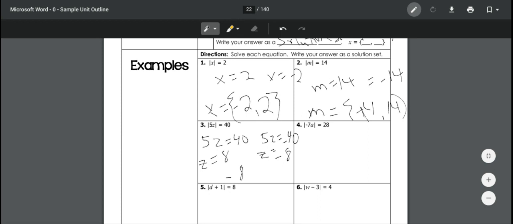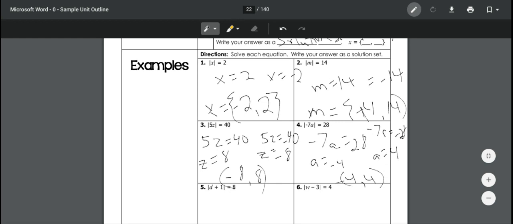So our solution set is negative 8 and 8. I'm just going to use parentheses. Next one, negative 7a equals 28, and negative 7a equals negative 28. Divide by negative 7, we get negative 4. Divide by negative 7, and we get a equals 4.